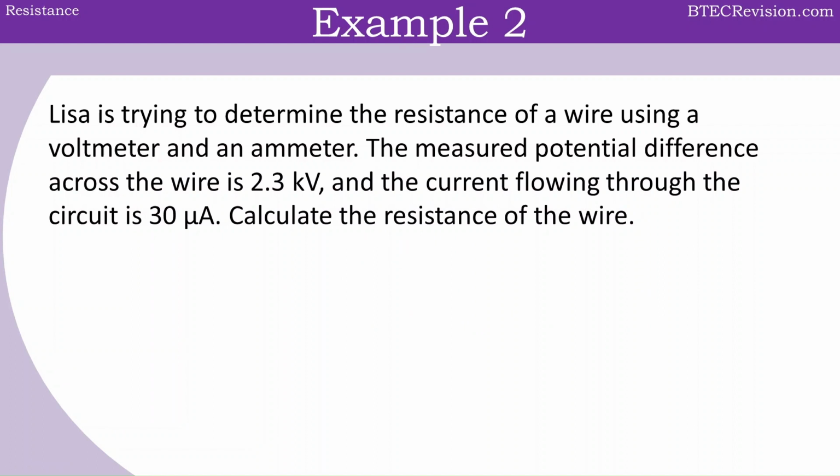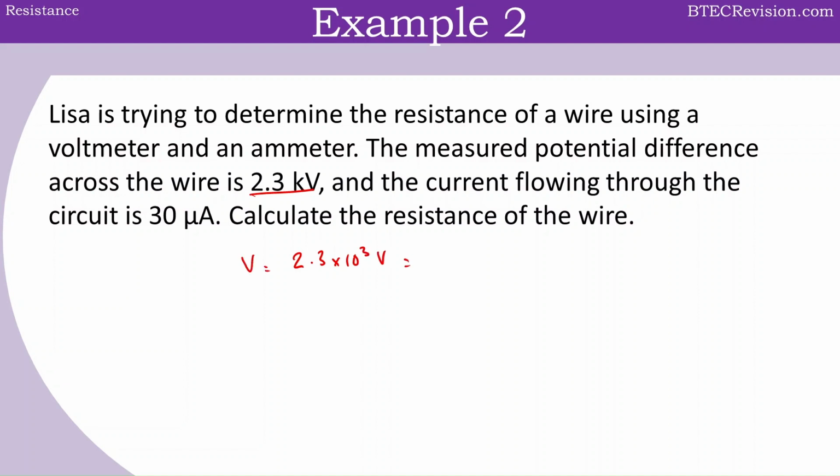Lisa is trying to determine the resistance of a wire using a voltmeter and an ammeter. The measured potential difference across the wire is 2.3 kilovolts, and the current flowing through the circuit is 30 microamps. Calculate the resistance of the wire. So the first thing we can note is the units. We have 2.3 kilovolts, which is times 10 to the power of 3 volts.